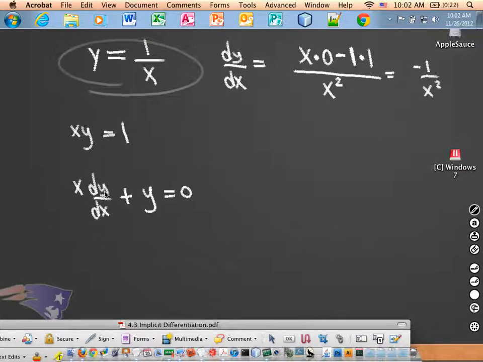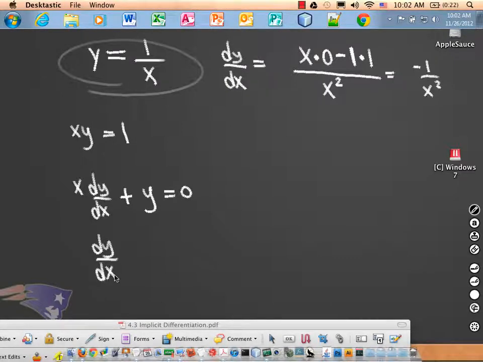Solve for dy/dx, so dy/dx equals negative y over x, and I end up with an implicit derivative, right? But wait a minute. I can replace y, and what can I replace y with? 1 over x. So this becomes negative 1 over x, and that simplifies to negative 1 over x squared.